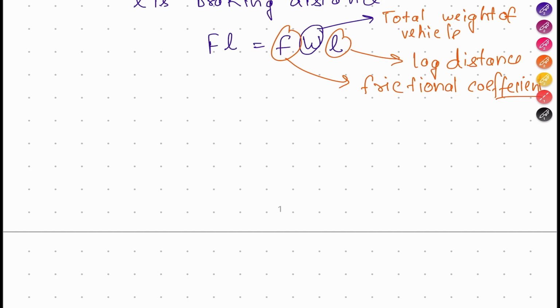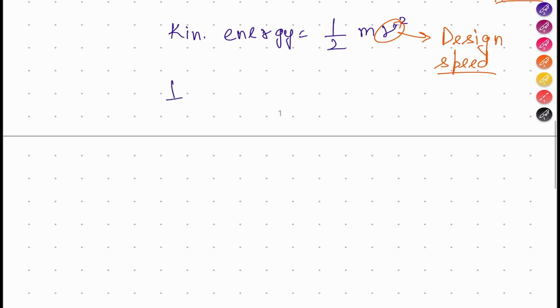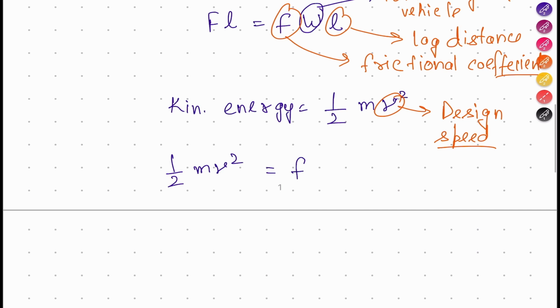So kinetic energy, as we know, can be represented as 1 by 2 mv square. Here V would be representing the design speed of the road, right? We'll equate these two to each other, which will give us half mv square is equal to fWL, right?